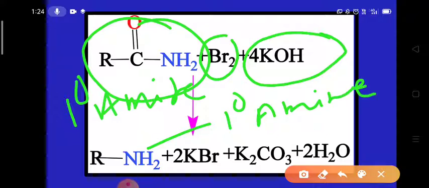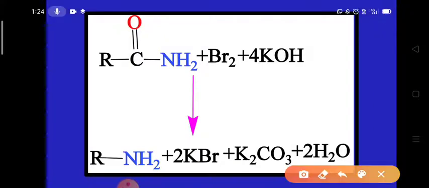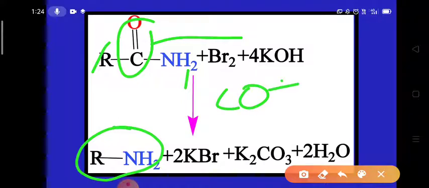Here the product can be easily written in a simple manner just by removing the CO group from the amide, and directly attaching the R and NH2 group, we can get the product. So R and NH2, RNH2, and CO goes outside in the form of CO2.